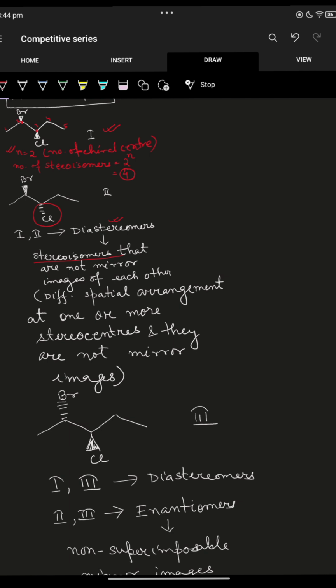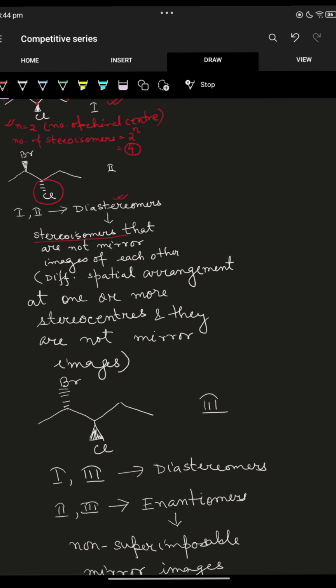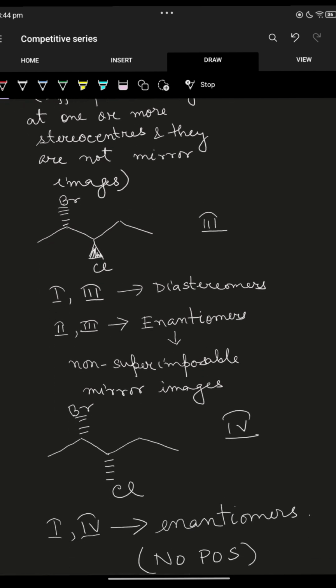What is happening if I compare structures 1 and 3? There is only one change, so it's a diastereomer. Compounds 2 and 3, see the structure: there are two changes, in carbon number 2 and carbon number 3, both carbons. So they are enantiomers, non-superimposable mirror images.